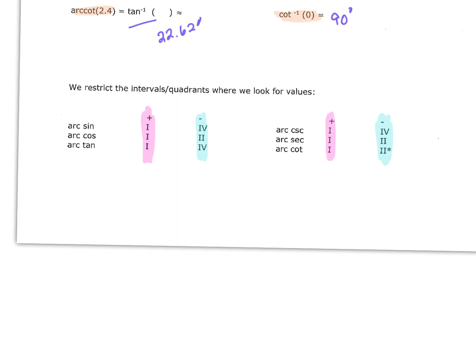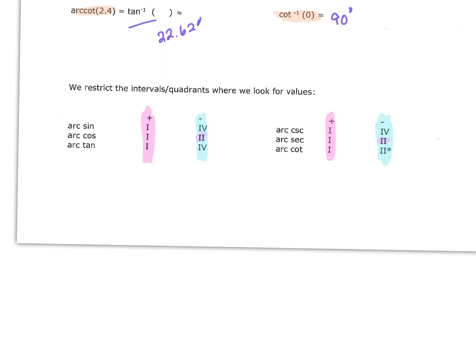Here's the issue. If we try to find an inverse cosine of something negative in quadrant 4, we're never going to find it because cosine values are not negative in quadrant 4. So for inverse cosine values of something negative, it's saying instead of looking in quadrant 4, we're going to look in quadrant 2.